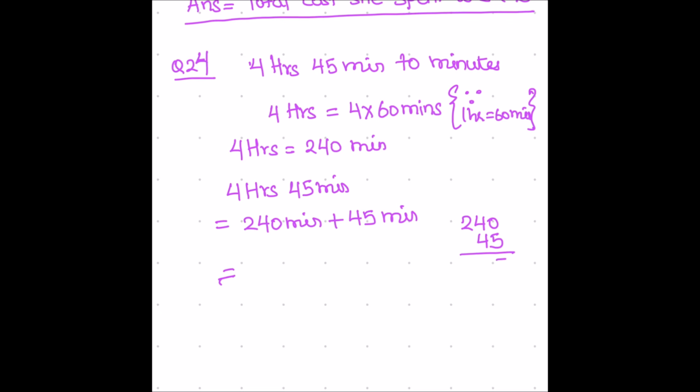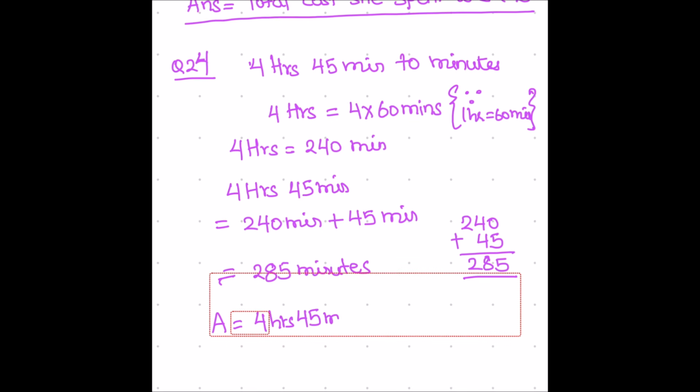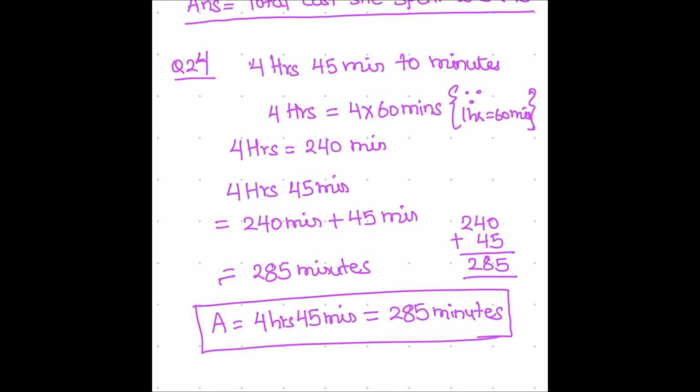So 0 plus 5 is 5, 4 plus 4 is 8, and this is 2. So this is going to be 285 minutes. So final answer will be 4 hours 45 minutes equals 285 minutes. So this completes our question 24.